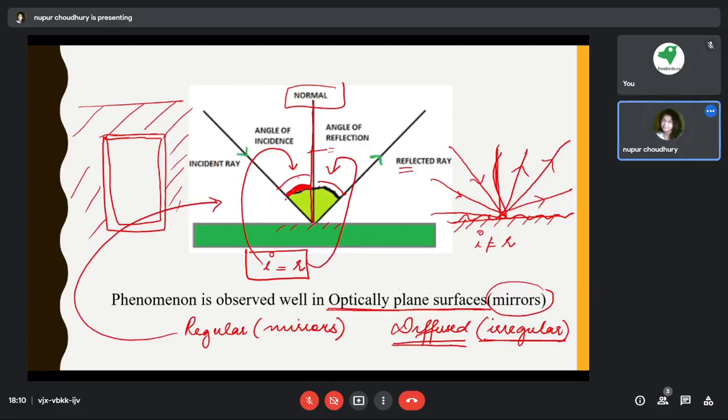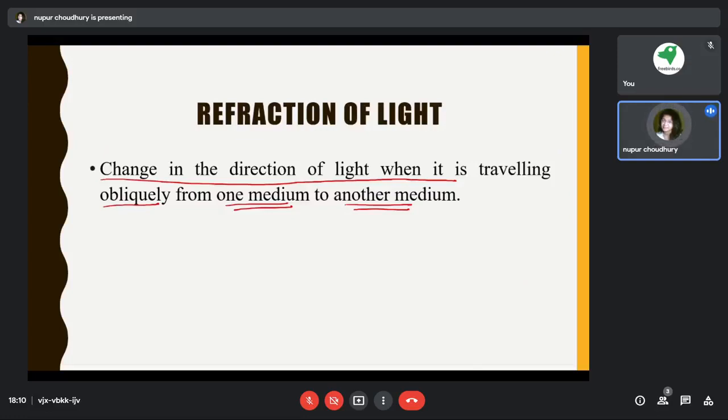In refraction, the incident ray, the normal, as well as the refracted ray do not lie in the same medium. At all points of time, there are two mediums involved.